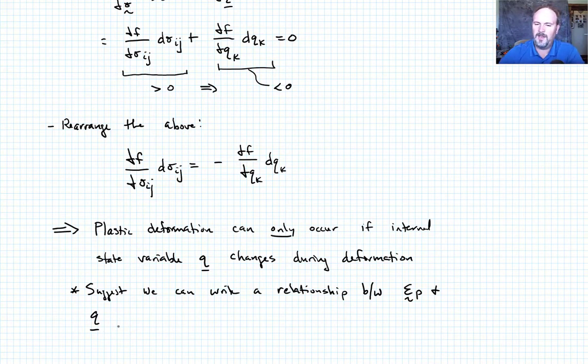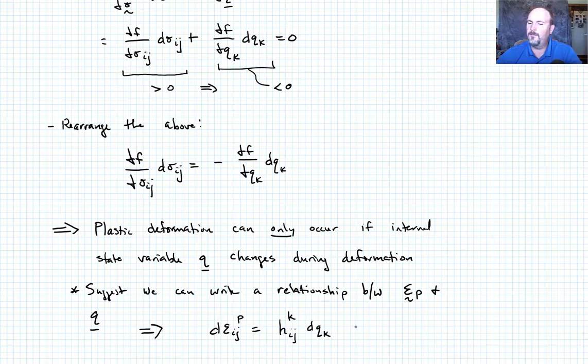So that there exists a relationship shouldn't surprise us, but potentially there's more internal variables than just the plastic strain that might drive the plastic strain. So what we would end up writing, if we believe that we can do this, is that the increment of plastic strain, d epsilon ij plastic, is going to be equal to, and we'll just call this term H_ij, with a superscript k, which is an index here, times dq_k.